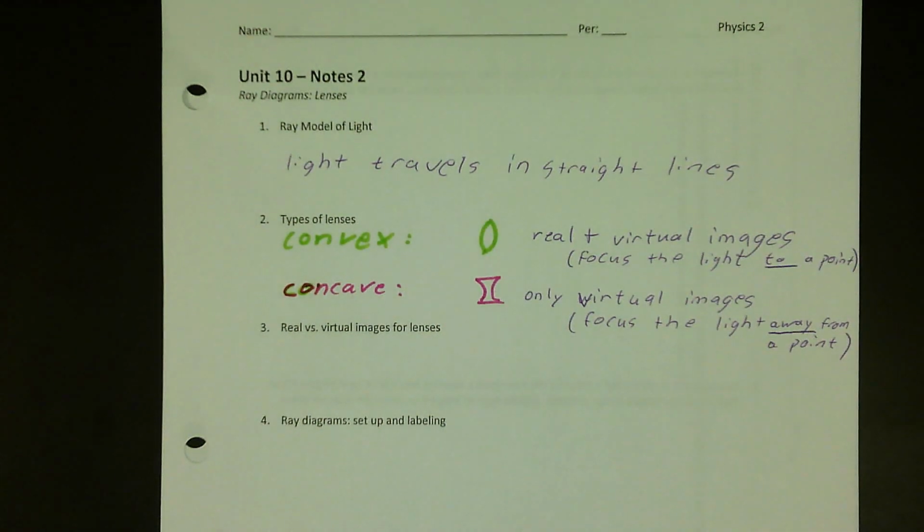Concave lenses focus light away from a point. That's just something you've got to remember. Unfortunately, on this unit, there's a little more that you have to remember than on other ones, but none of these are particularly complicated. It's just two types of lenses, convex and concave, and you just got to know that convex focuses the light together, concave focuses the light away. So far, so good.